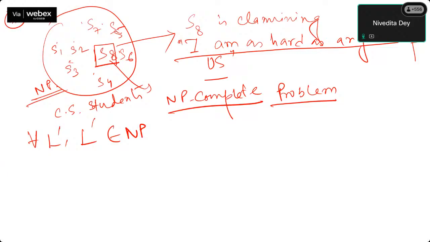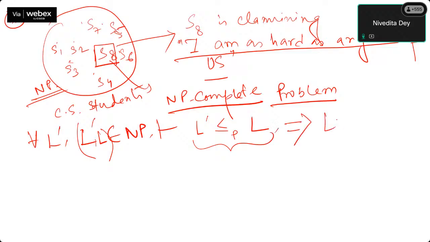So for all L dash such that L dash belongs to NP, such that L dash will be reduced to all problems in L, where L dash and L are both in NP, then that implies L dash is NP complete.